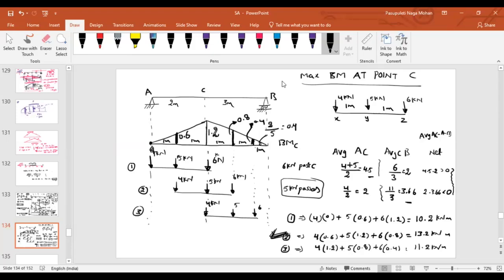But if these are concentrated loads, we cannot exactly find the position where they are equal. Instead, we have to take the load where the transition is happening. That load we have to keep at point C. Then we will get the maximum value. So this is the condition for maximum bending moment at point C.